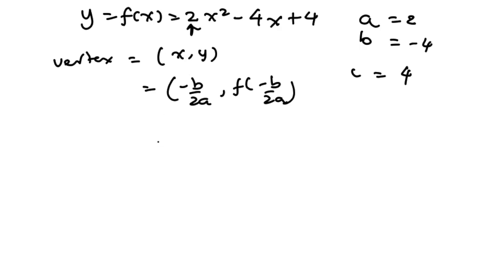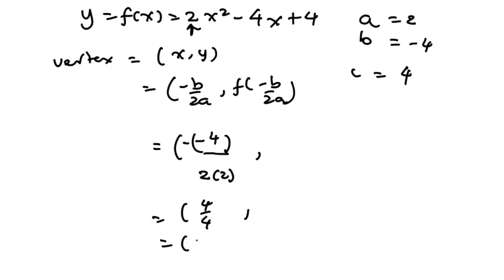So now x is basically minus b, minus of minus 4, over 2a, over 2 times 2. I haven't solved for y. I try to solve for x first, then it becomes 4 over 4, which is 1, isn't it?